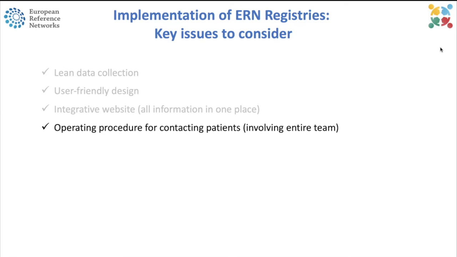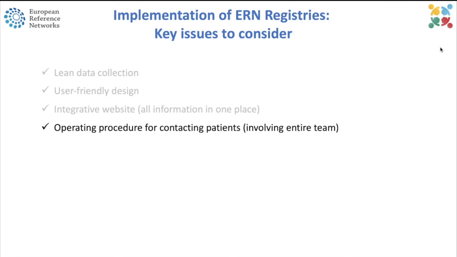And then a very important key to success is to have an operating procedure in place locally at the site level for contacting patients, not missing any patients that come to the outpatient clinic or are hospitalized.